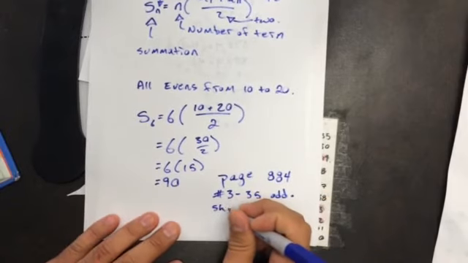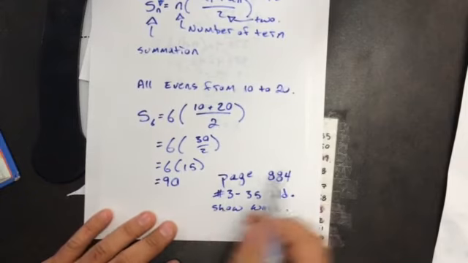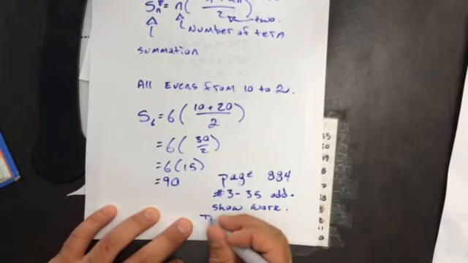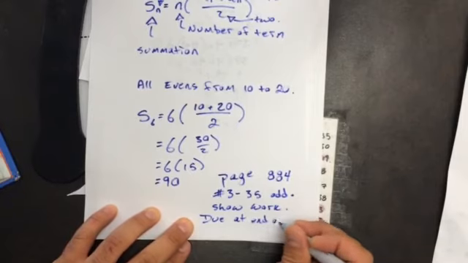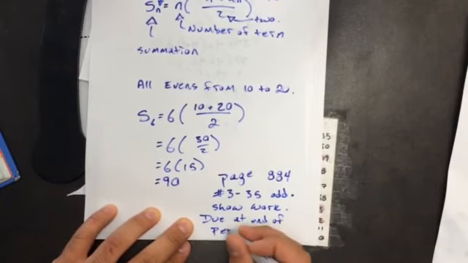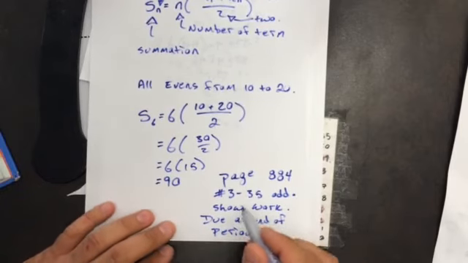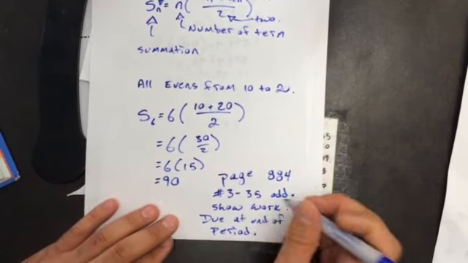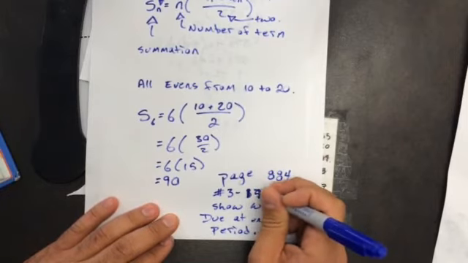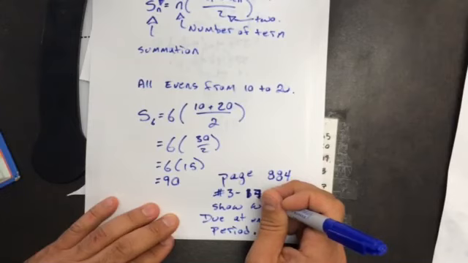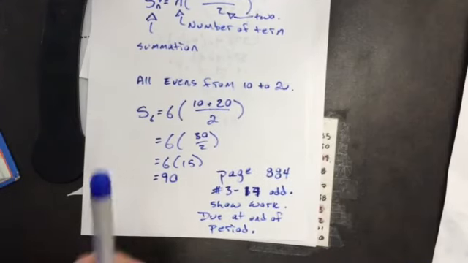Show all your work and turn in by the end of the period. Actually, you know what? For the end of the period, we'll just go halfway. We'll go through 17. 3 through 17, odd. Show your work. Do it at the end of the period.